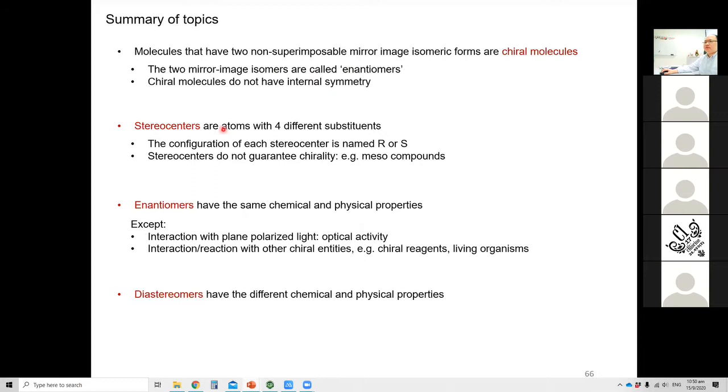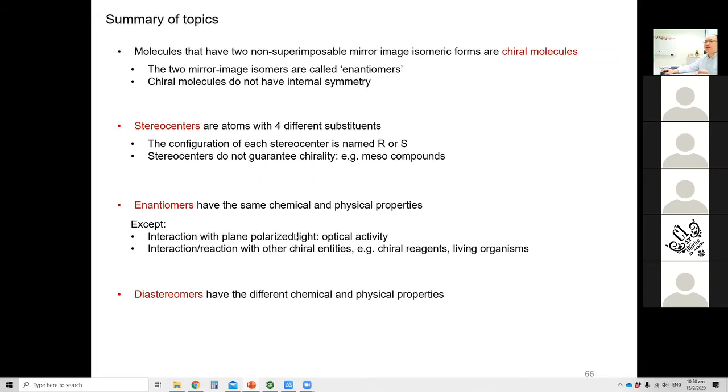The stereocenter, with four different substituents, is probably one of the most important concepts we have learned so far, and you can assign R or S to stereocenters. But one exception, where stereocenters do not guarantee chirality, is meso compounds, which have stereocenters but also an internal plane of symmetry.